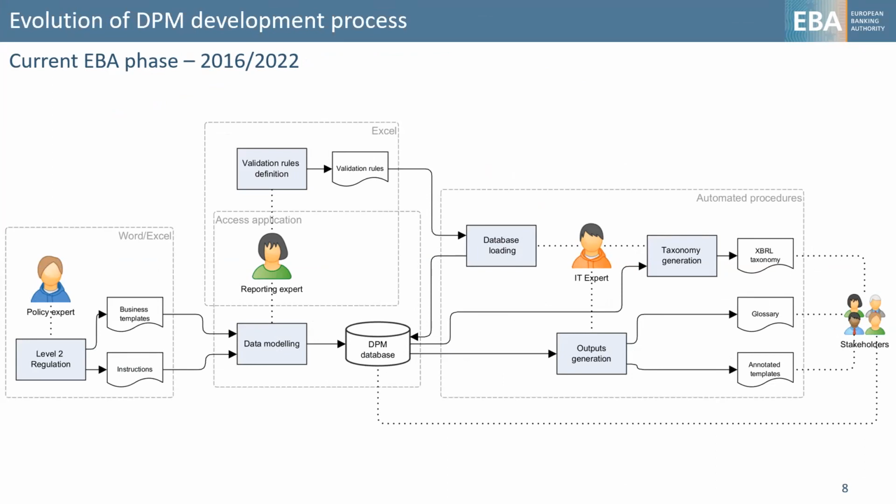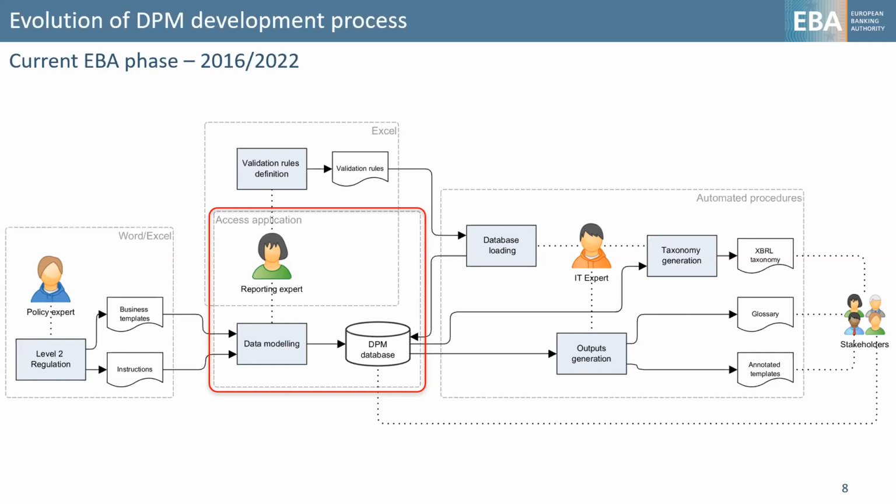Then there was another major change in 2016. This is where we developed an Access-based application to manage the DPM, and therefore all the processes that we were previously doing with other tools outside the database were included in the database, with the user interface and the automatic derivation of all the data points, and the following from one release to the next.